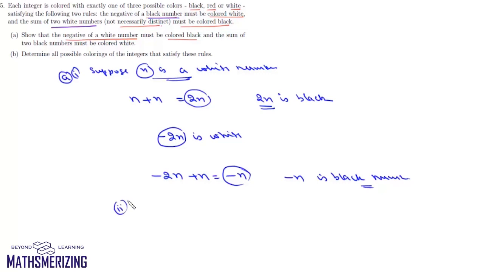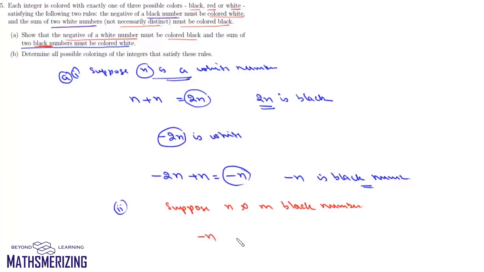Now for the second part, which says sum of two black numbers must be colored white. So what we'll do is, here we'll choose two black numbers. Say n and m, they are black numbers. We know that negative of a black number is a white number.